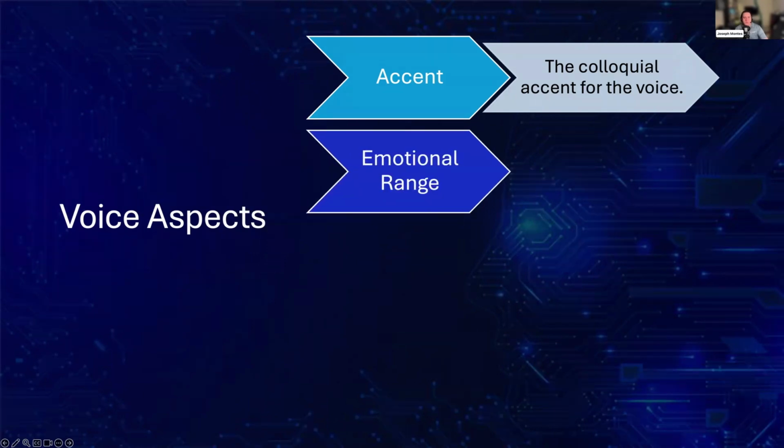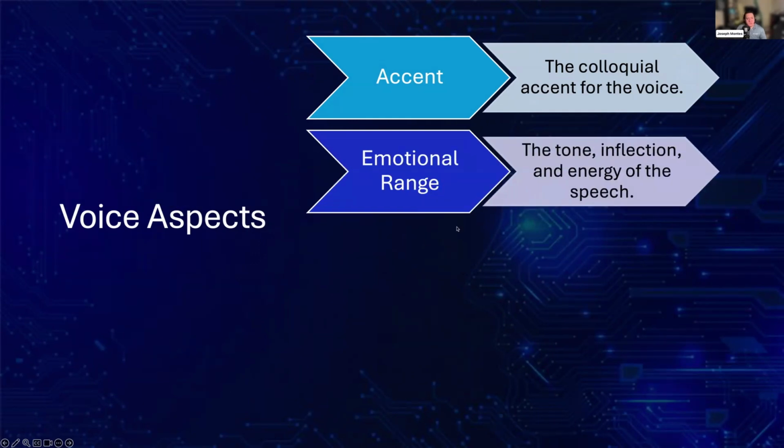You also have an emotional range that you can add to it. So this is basically the tone or inflection, how emotional, as the word implies, the voice will sound like. So you can have it speak more angrily, more calmly, more casual. So you can give it that range of emotions for when it speaks.